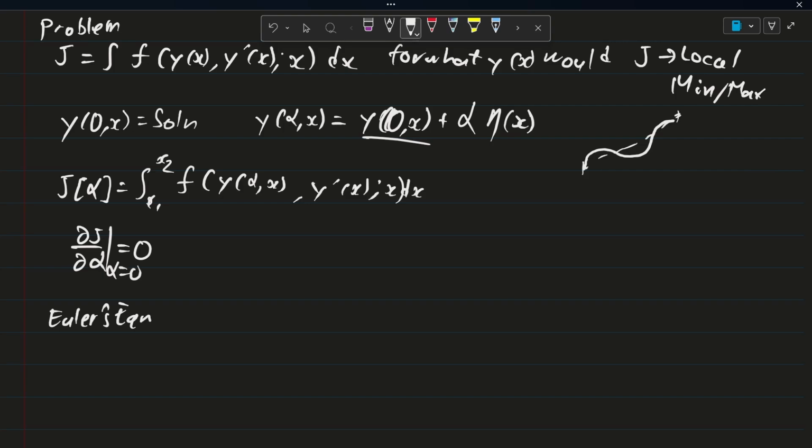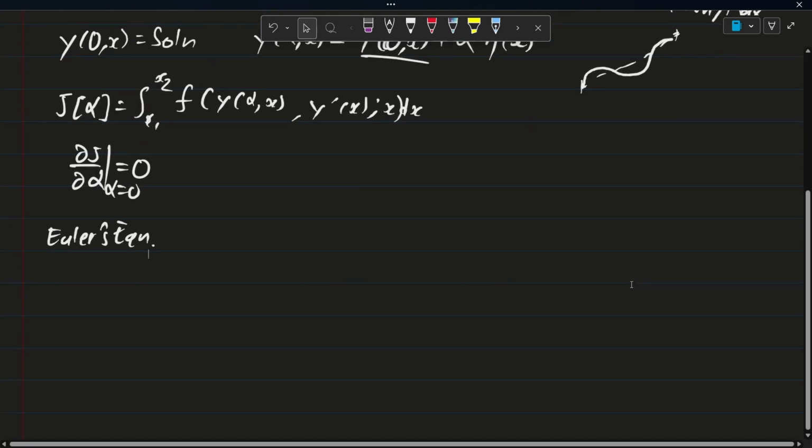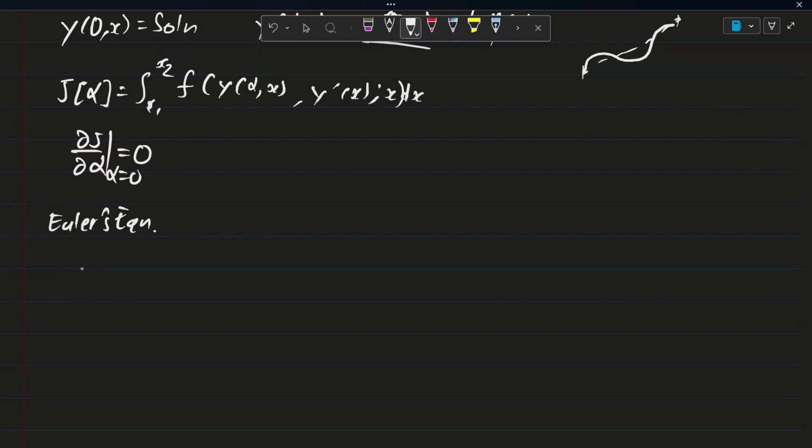We'll prove Euler's equation first. If we try to solve for partial J over partial alpha, this would be the integral from x1 to x2 of partial f over partial y times partial y over partial alpha, plus partial f over partial y' times partial y' over partial alpha, and then plus partial f over partial x times partial x over partial alpha, which is 0.